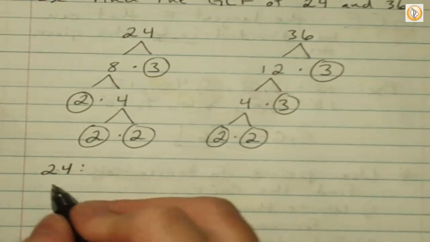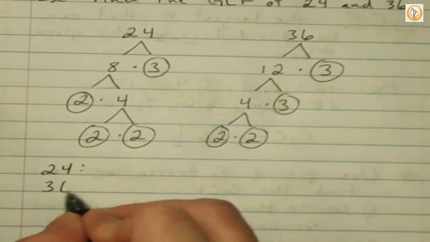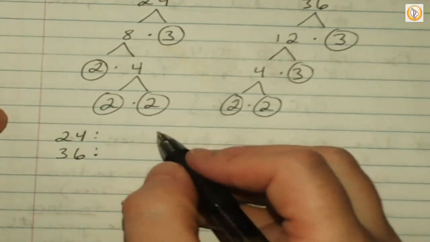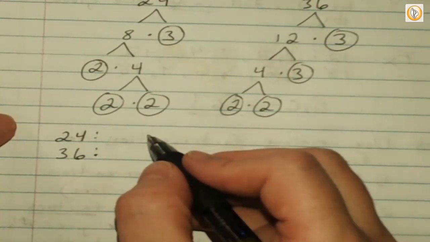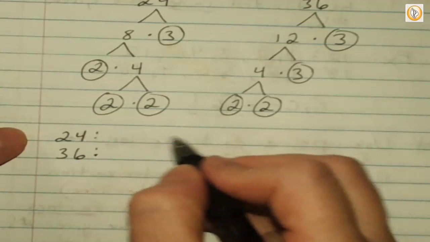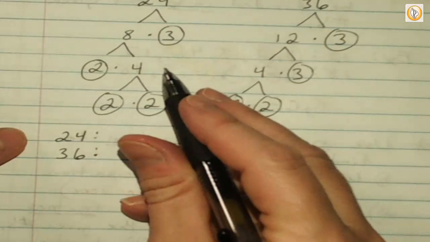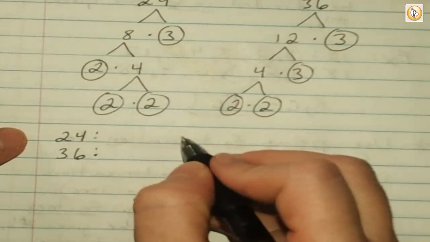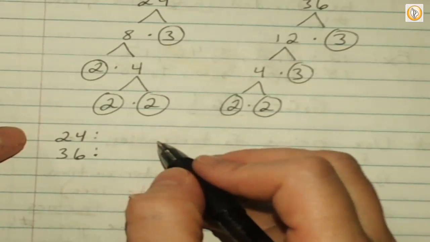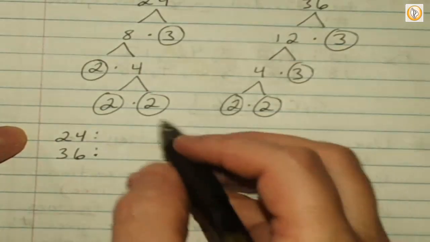All right. Now I'm writing my prime factorization underneath. You write the prime factors. Remember, these are the prime factors. You write them in order from least to greatest. And we cross it out.